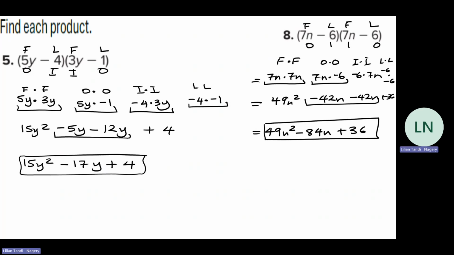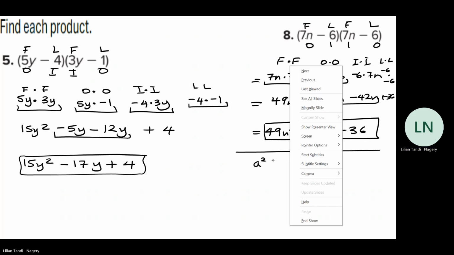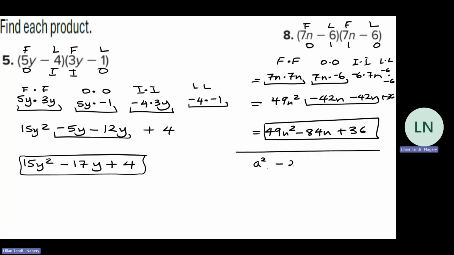Or you can use the rule. Because these numbers are the same, you can use the square of a difference. This is a square number. So the rule says a squared plus 2, no, this will be minus, because inside of our brackets is minus. So minus 2ab plus b squared. Who is our a? 7n.